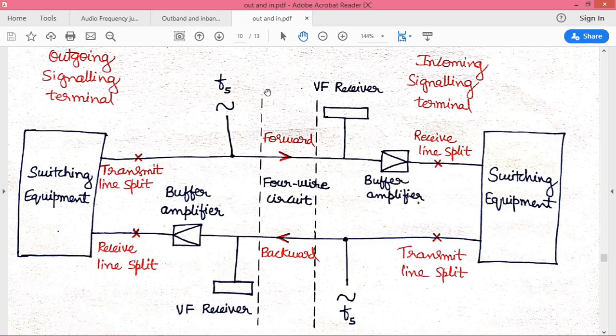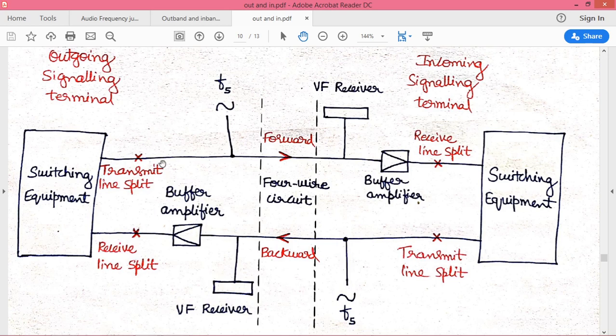Whatever we have shown from here to this end we call the outgoing signaling terminal. Similarly, from this end to this switching equipment we are dealing with the incoming signaling terminal, because the signal is incoming at the receiving end.